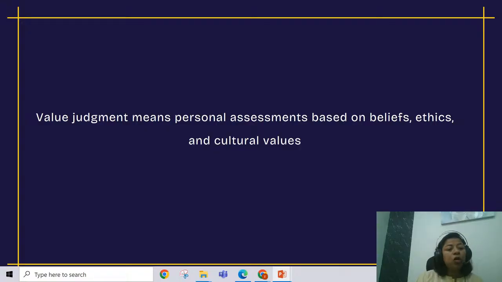However, the judgment passed by you and your friend looking at the same set of evidence will be the same, because there you are not involving your emotions, your beliefs, your ethics and cultural values to give out a judgment.